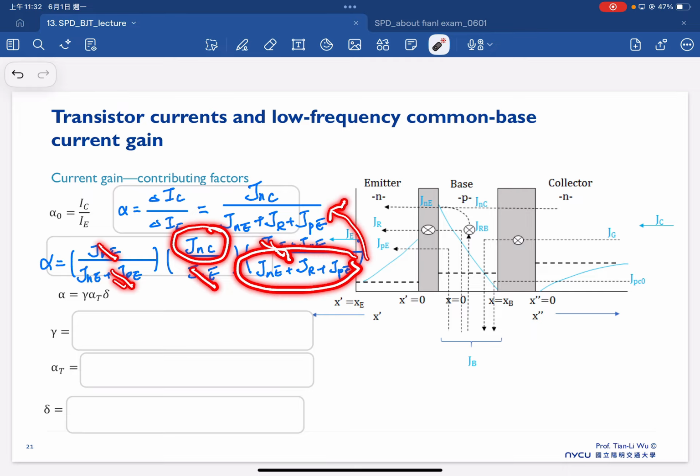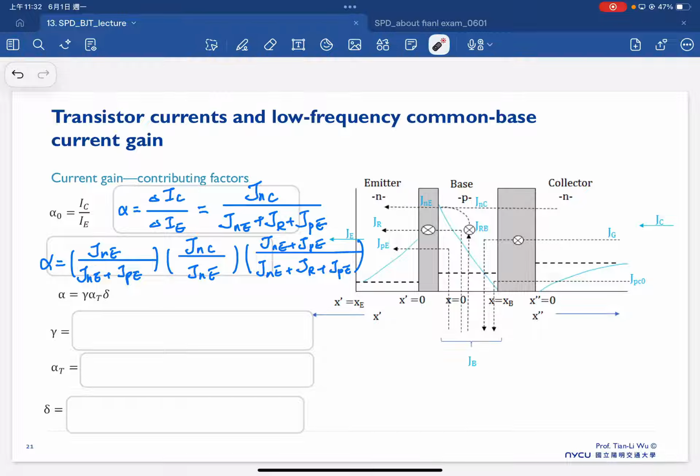That's why from a mathematical point of view we can do this, considering 1 divided into 3 terms. But next we will be more interested in the physical meaning of each one. So we define these three as gamma, alpha T, and eta here.